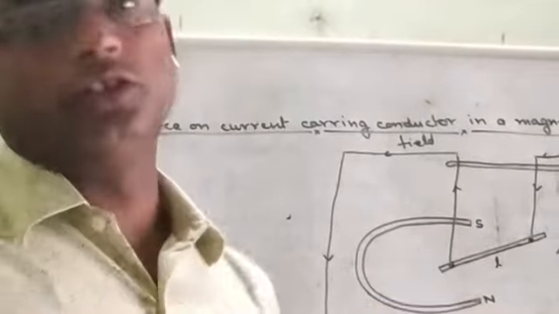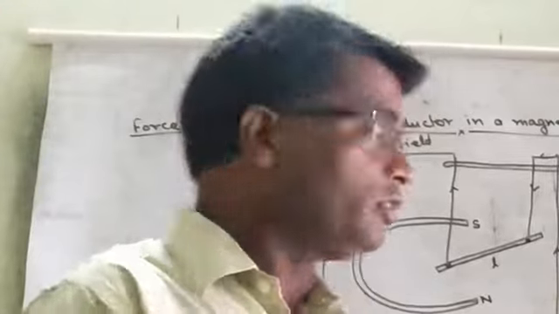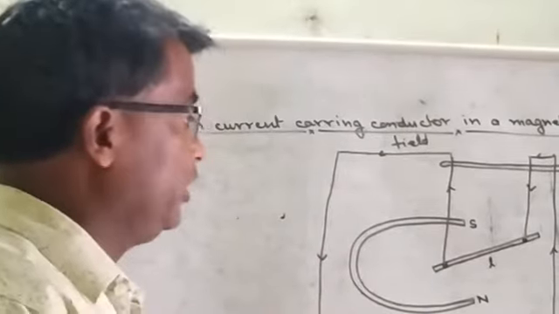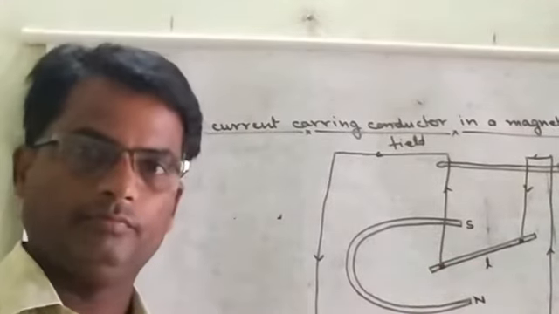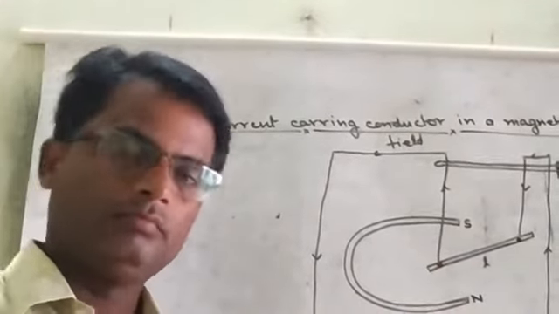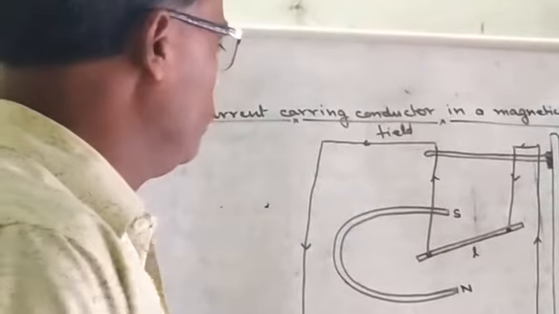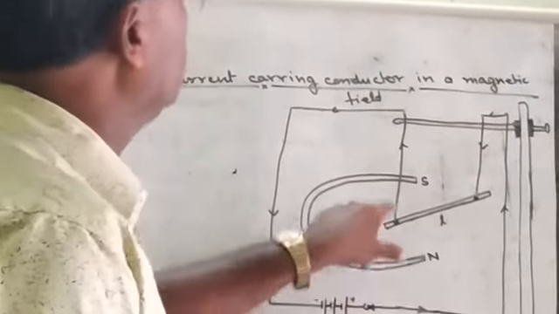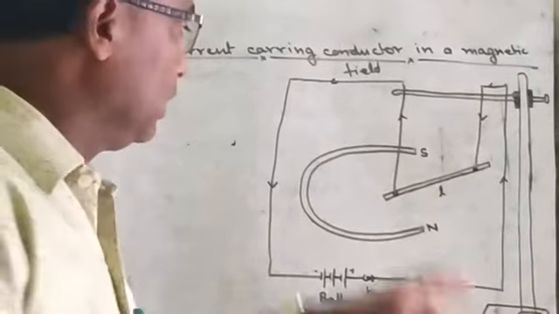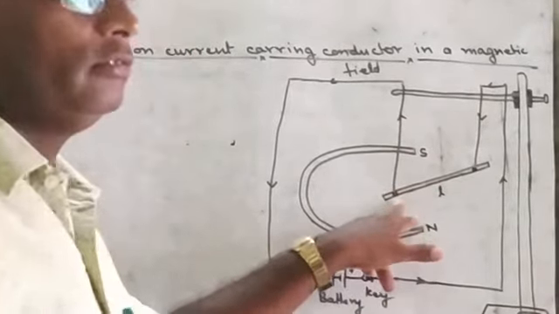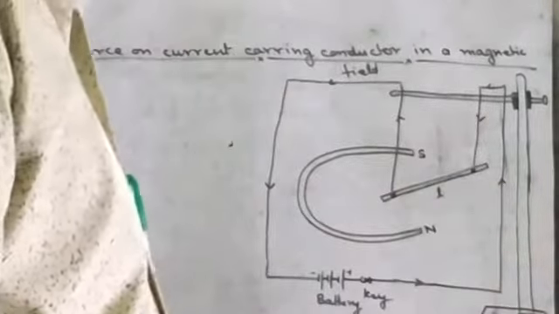After this the question arises, sir, due to this force, in which direction does this conductor move? I will give the answer to this also. To find the direction of movement in the conductor, we use Fleming's left hand rule.